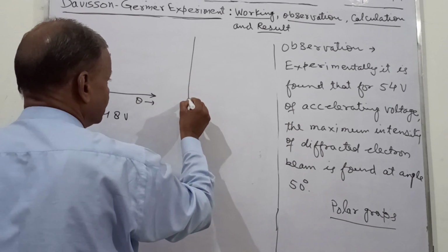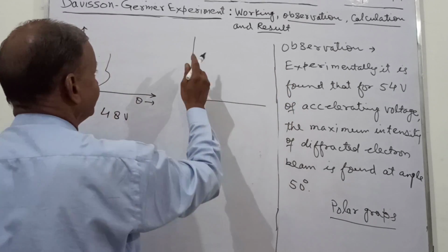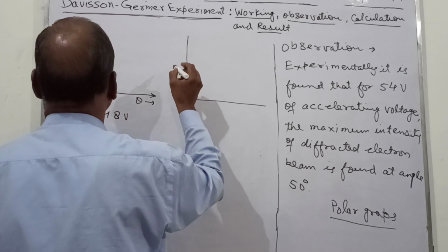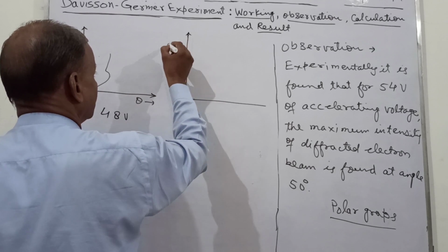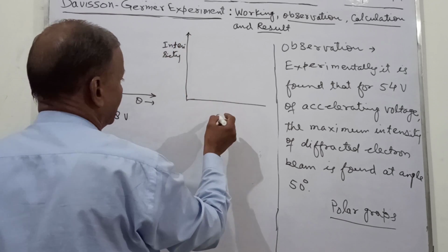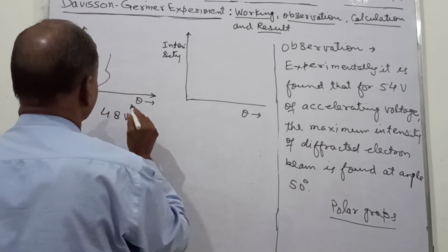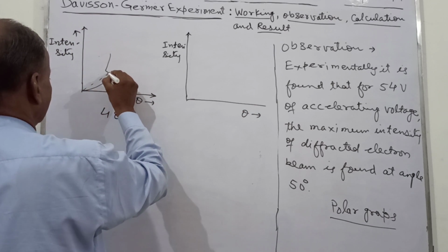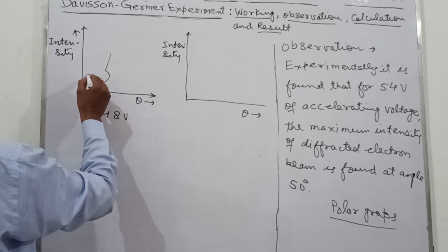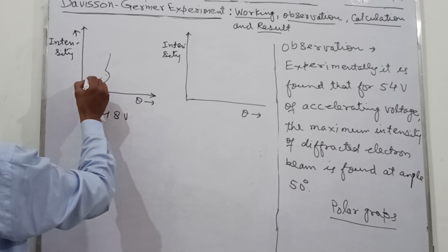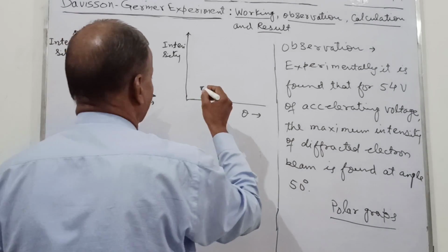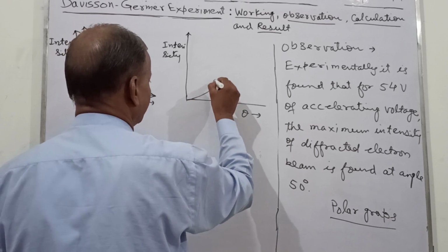Here is the intensity and here we have the angle theta, suppose 46 degree, and the polar graphs are like this.